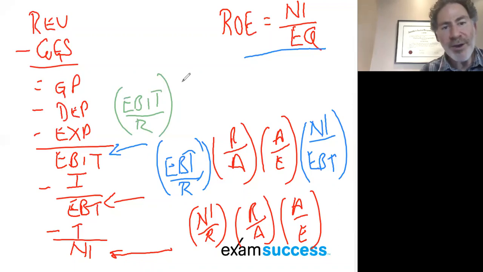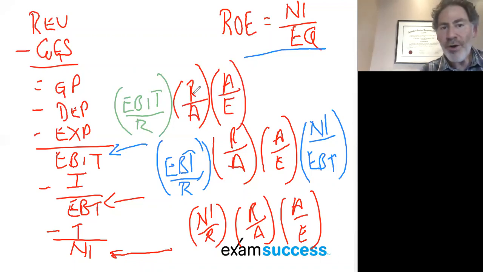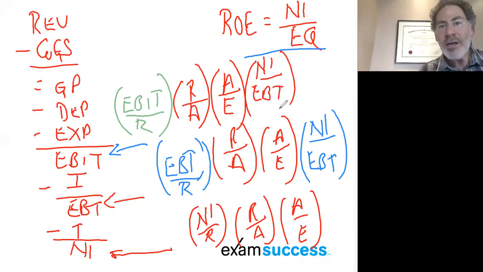The revenue over the assets, and the assets over the equity, the turnover and the financial leverage, those have stayed the same. I'm going to throw in my net income over my earnings before tax. That's my tax burden.